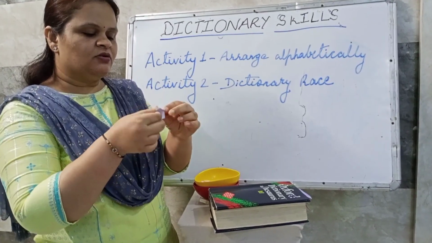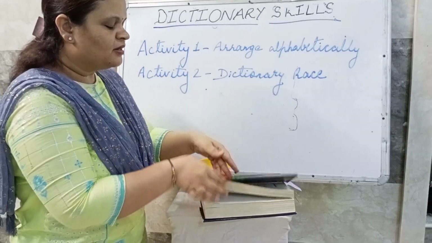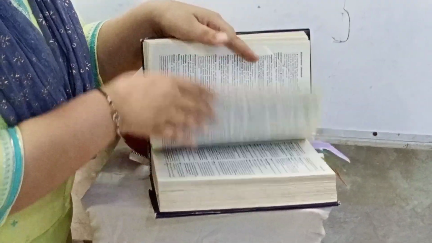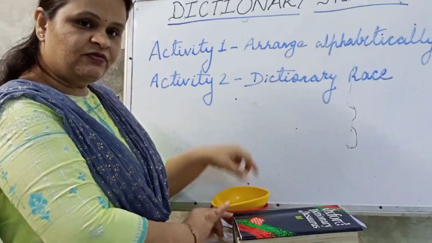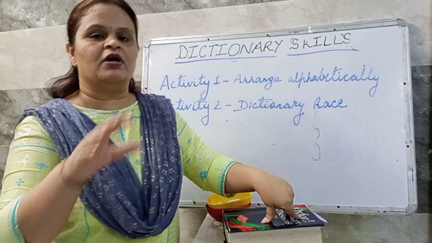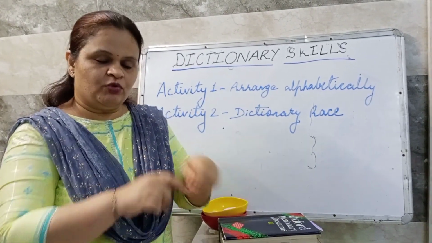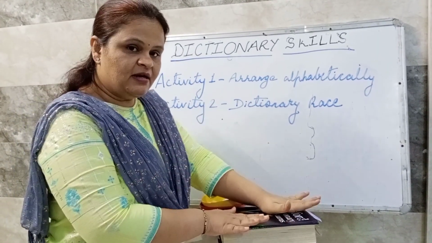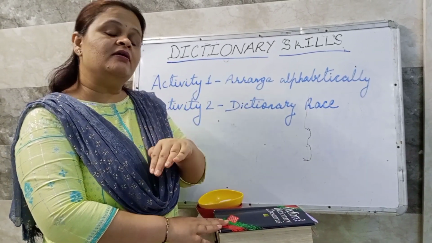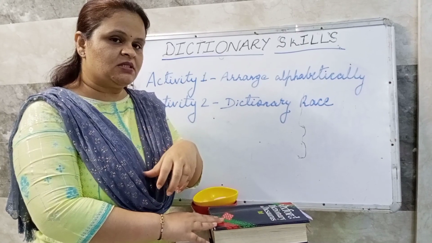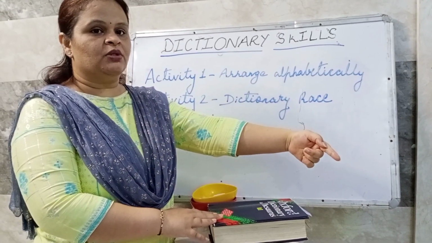Take the second chit, very quickly read the word, again find it out. Found, turn the page, close it. Third, fourth, fifth, with all the words, whatever chits you have made, you have to open, read the word and find it in the dictionary. In the same way, after you are done, your partner will do this.